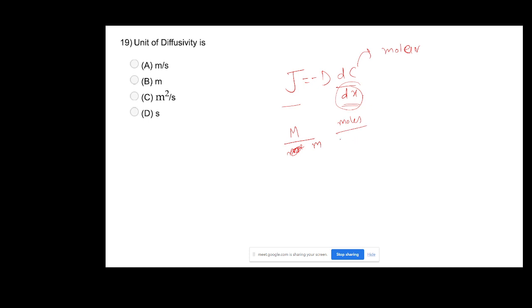Flux is nothing but concentration gradient per unit length, per unit area, and per unit time.